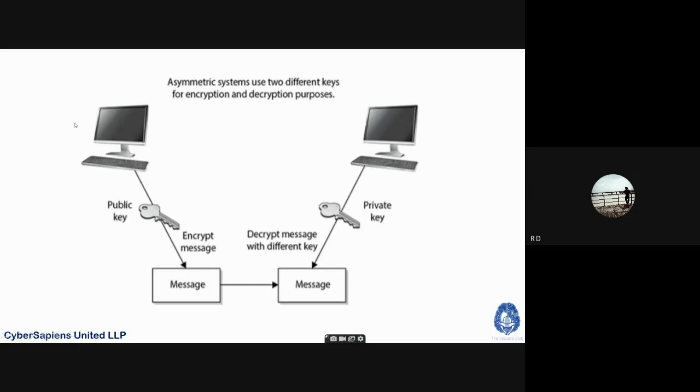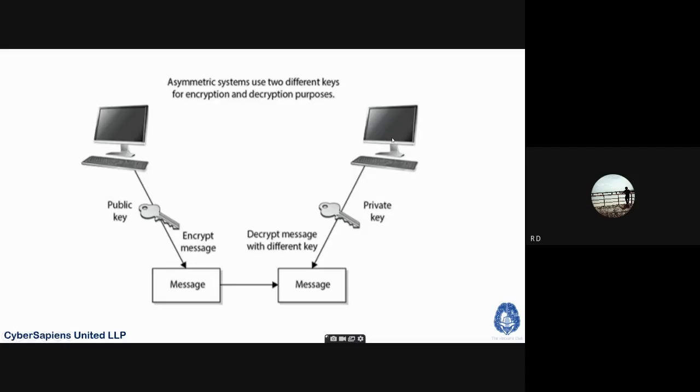All right, so if I'm sending a message from A to B, I need to have the public key of B, and I'll encrypt this particular message with the public key and send it. Now only B can decrypt it because it has to be decrypted using the private key of B. That is how the algorithms are designed.